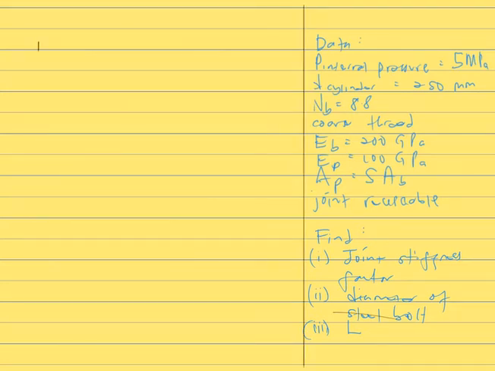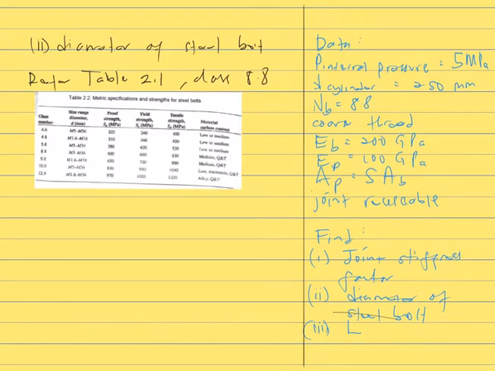Now we will solve question number 2, which is to find the diameter of the steel bolt. Refer to table 2.1 under class 8.8. You can see that from that table, the value of proof strength Sp is 600 megapascal. So the value of proof load is Fp, which is 600 megapascal times At.